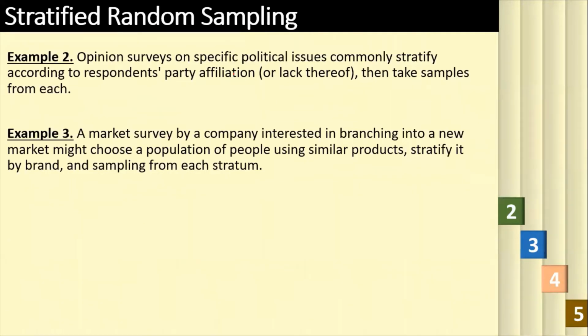For example, number 2: opinion surveys on specific political issues commonly stratify according to respondents' party affiliation, then take samples from each. So, basta mga political issues gani, di ba, pulso ng bayan.